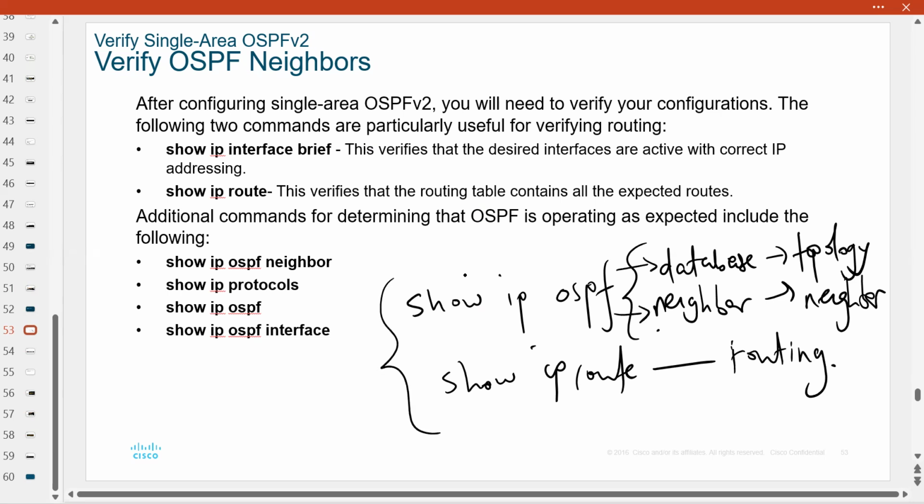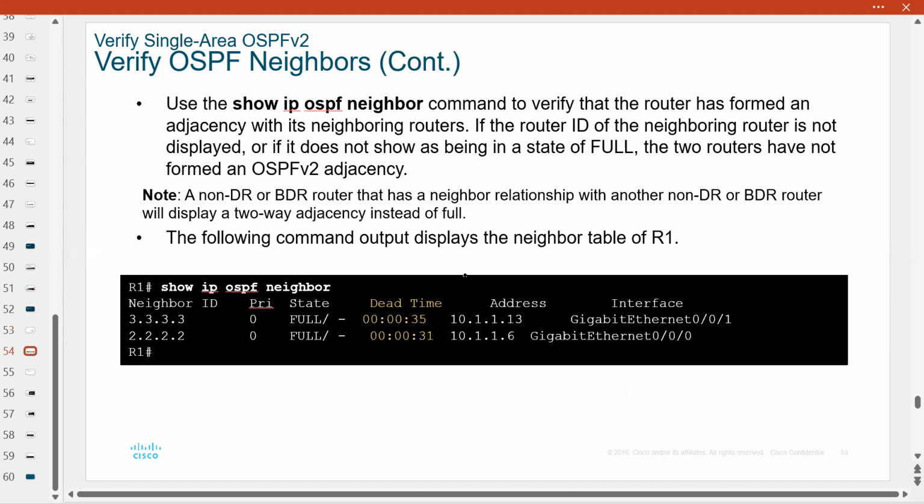They show you the three tables which are very important in routing: the topology table, the neighbor table, and the routing table. Every other show command, we'll learn about as we do our practice.